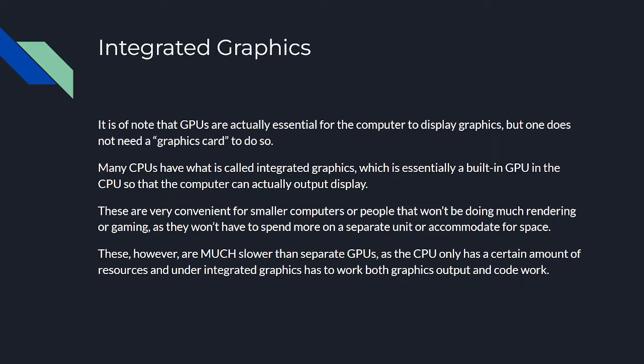So these are very convenient for smaller computers or people that won't be doing much rendering or gaming, as they won't have to spend more on a separate unit or accommodate for space. These, however, are much slower than separate GPUs, as the CPU only has a certain amount of resources, and under integrated graphics has to work both graphics output and code work.